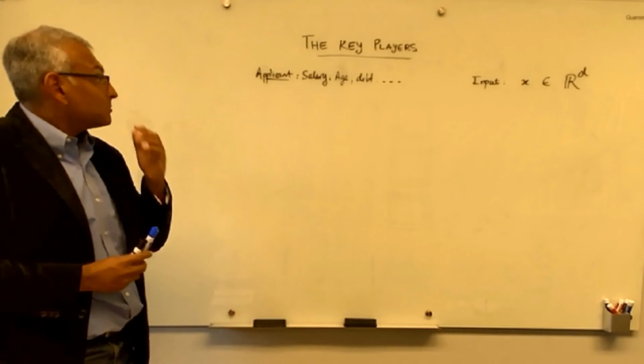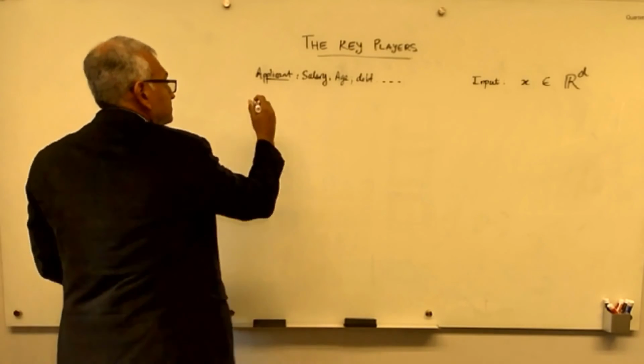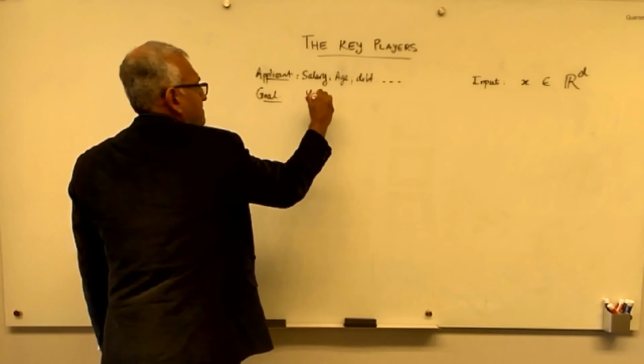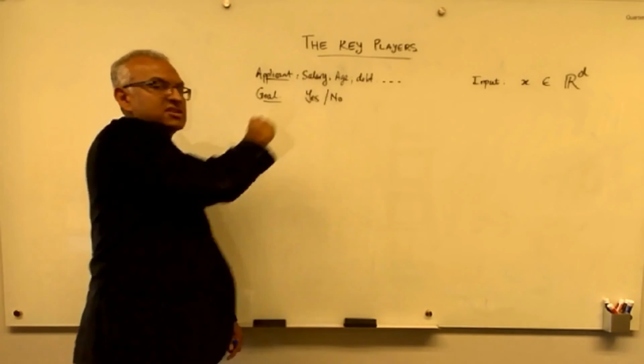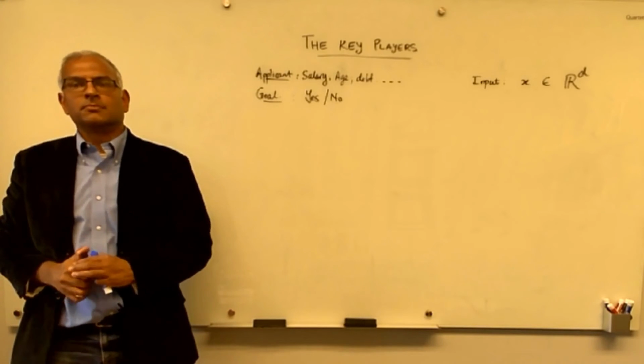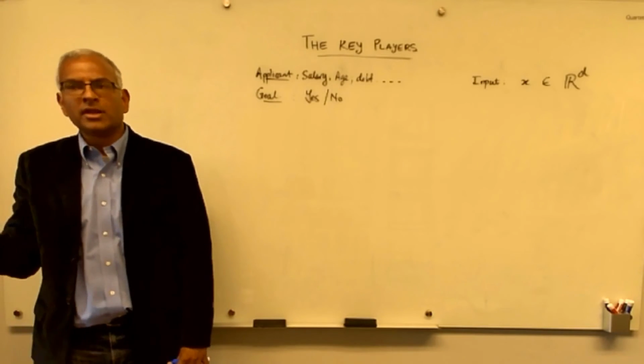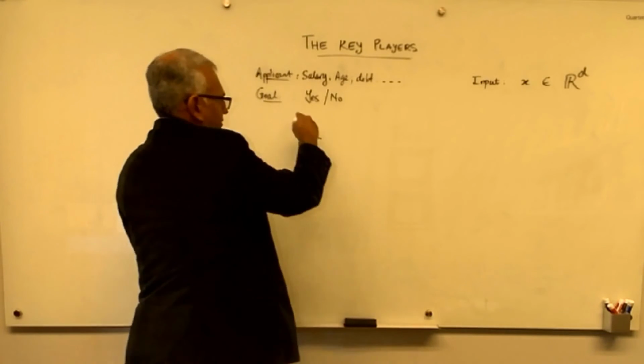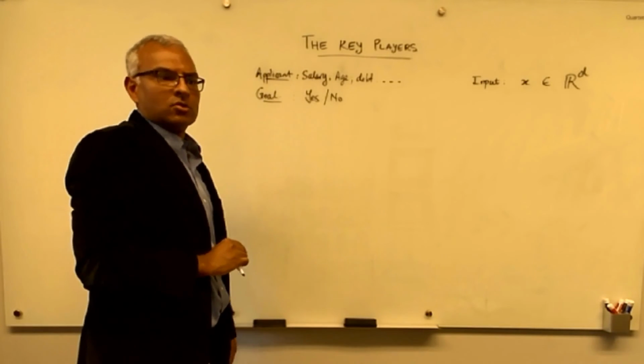Now, what's the goal? The goal is to say yes or no in this particular case. Should you approve for credit or not? This decision we're going to call the output.